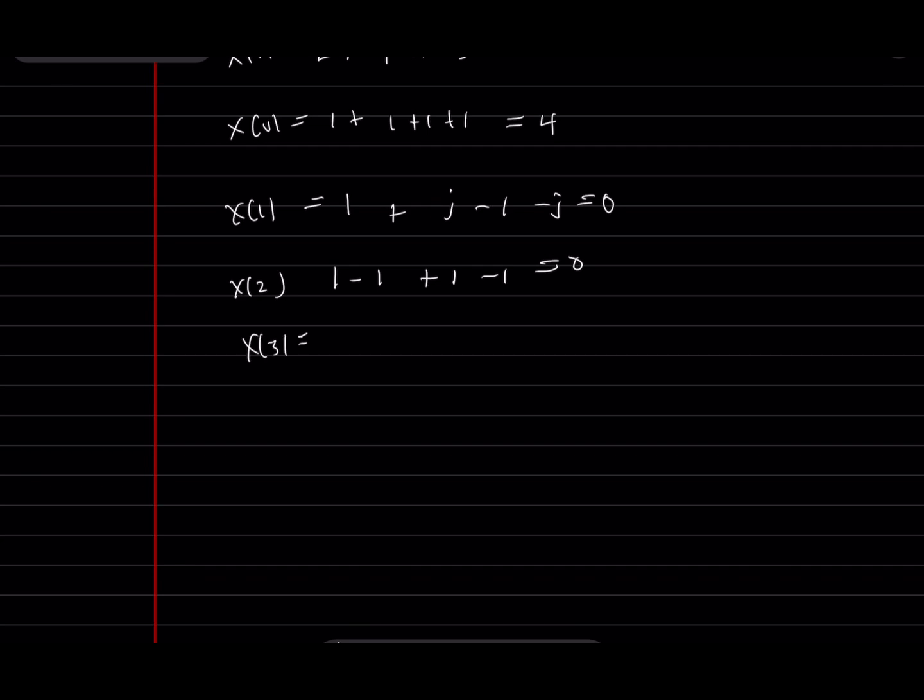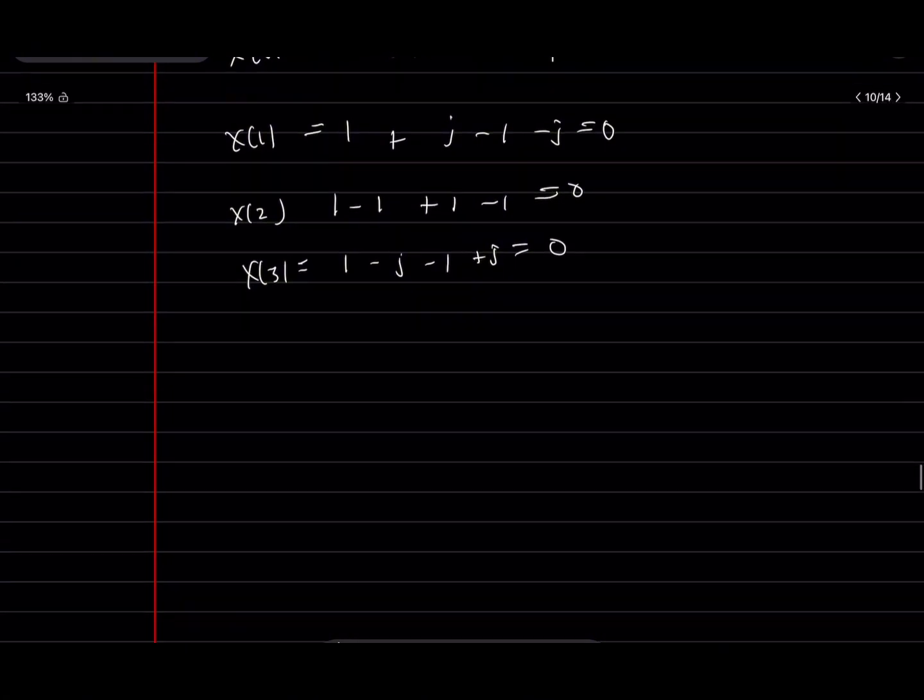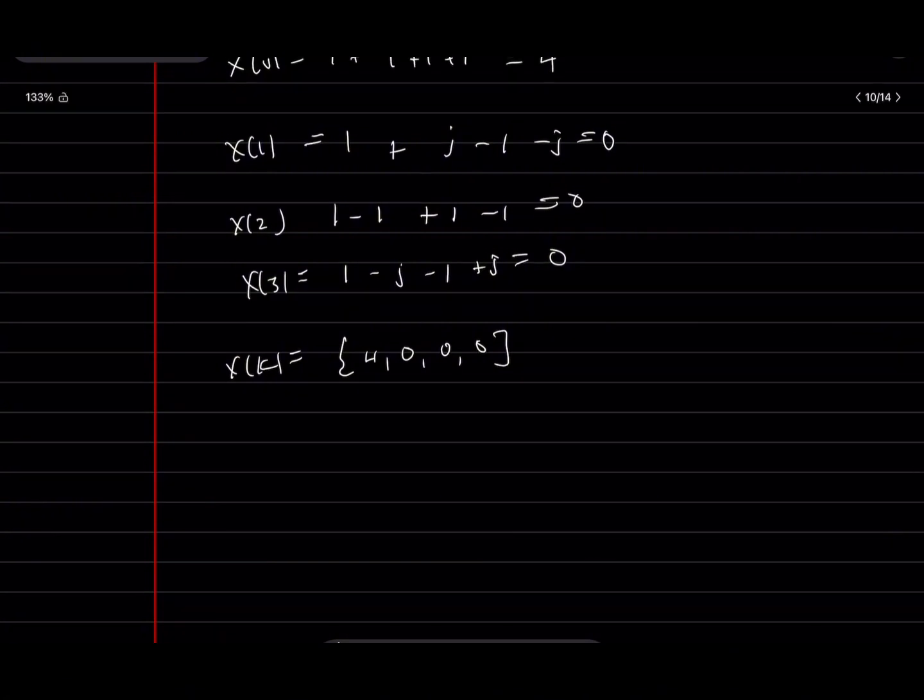And for that matter, the first part is always 1 minus j minus 1, and then plus j, and that one also gives us 0. So based on that, we can say that our x of k is equal to 4, 0, 0, 0.